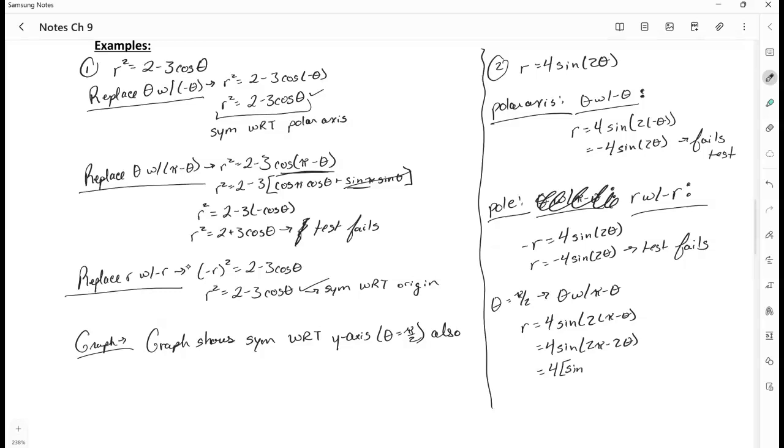So this is going to say sine of 2 pi cosine of 2 theta minus cosine of 2 pi sine of 2 theta. We know sine of 2 pi is 0, and cosine of 2 pi is 1. So we have 4 times negative sine of 2 theta, which is negative 4 sine of 2 theta. Sorry guys, that's supposed to be a 2 theta.